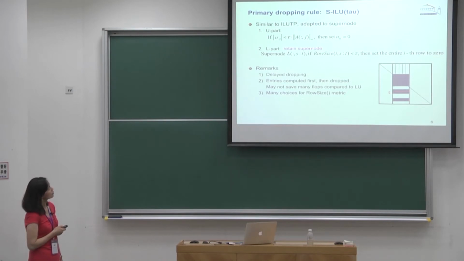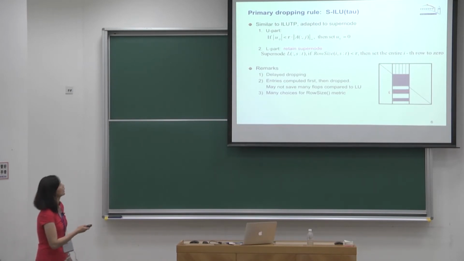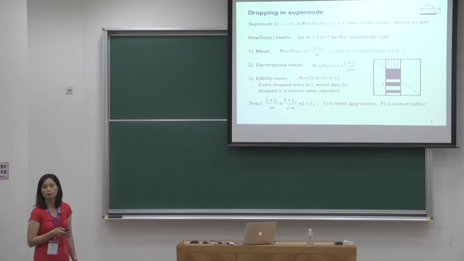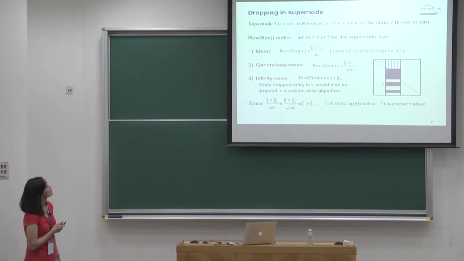And then there are many choices of row size metrics. We'll take a look at that. So the row size, what do you mean by a row is small? You can use several criteria we have looked at. For example, the first criterion we look at is the average. So take the row vector x, you take the sum of the absolute values and take the average, where m is the size of this supernode.